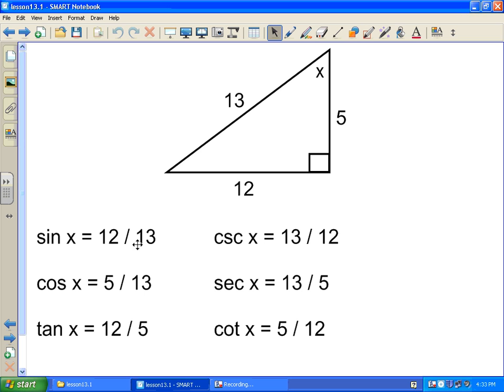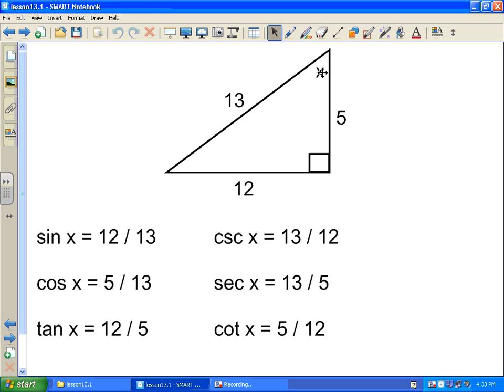The cosine is defined to be the length of the adjacent divided by the length of the hypotenuse. Angle x, adjacent side is 5, hypotenuse is 13, cosine of angle x is 5 over 13. The tangent of angle x is defined to be the length of the side opposite divided by the length of the side adjacent.